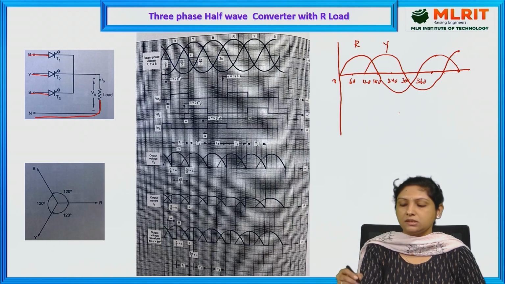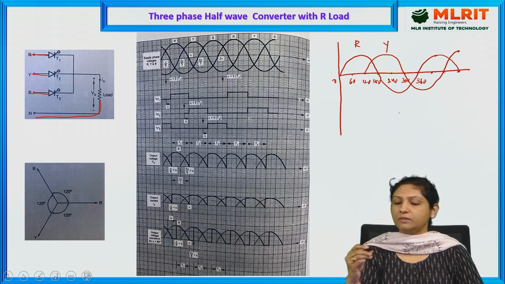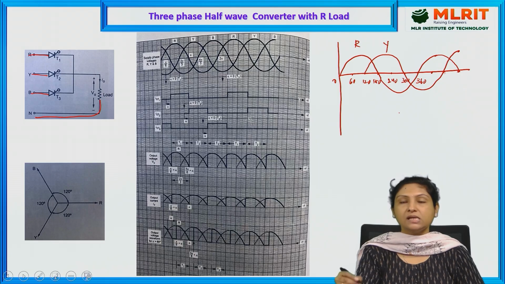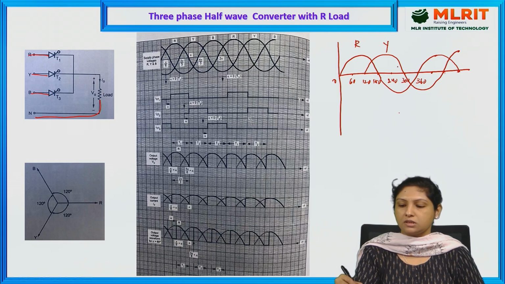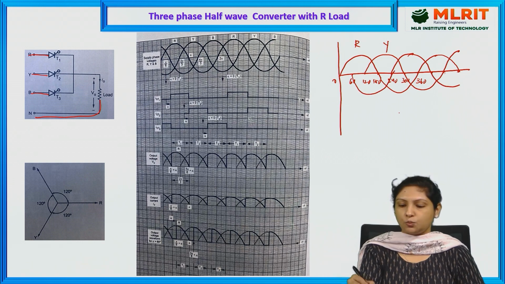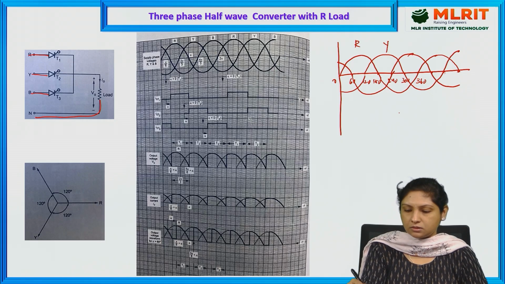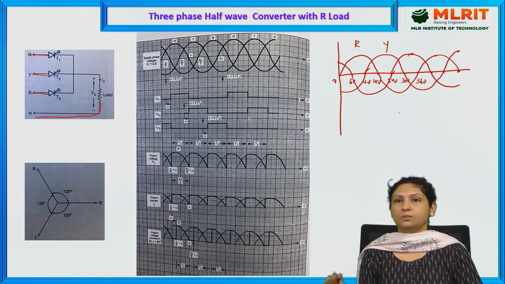So that is the reason. And then B phase will be lagging behind Y phase by 120 degrees and R phase by 240 degrees. So that is the reason the waveform starts at 240. I am connecting this to the back end because we never know where the waveform starts, which is continuously moving.